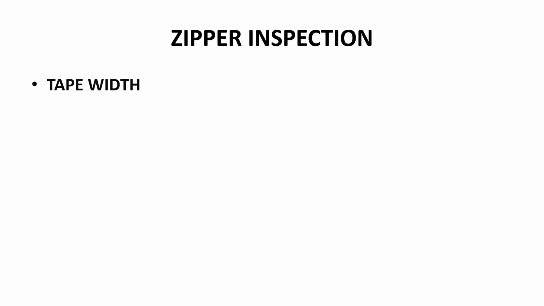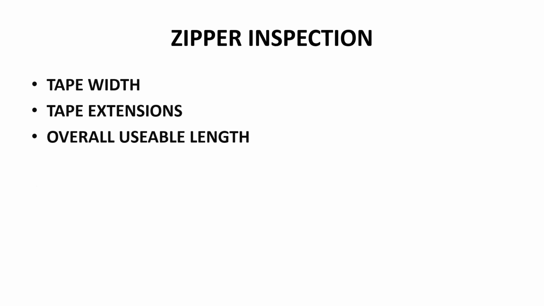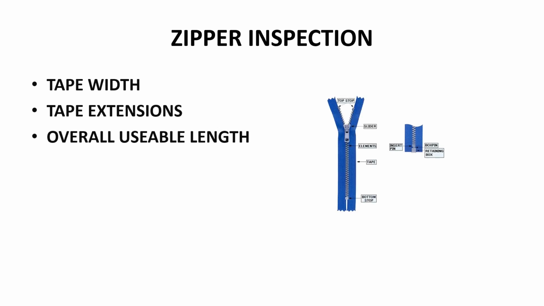The tape that is used is a fabric tape. So what is the width of it? Extensions, how much extension is there in that tape? Also, what is the overall usable length of the zipper? These are the physical verifications of the zipper which must be made during the time of inspection.